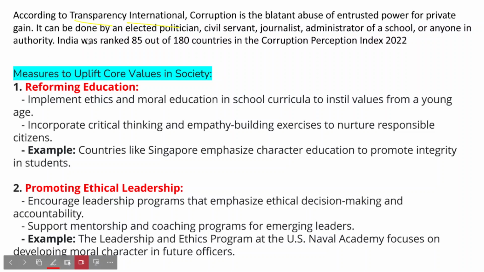You can simply define corruption as the use of public office for private ends. This is the simplest form of corruption. So corruption involves the use of public office for private ends. After writing such a definition, you can write about the Transparency International Corruption Perception Index.